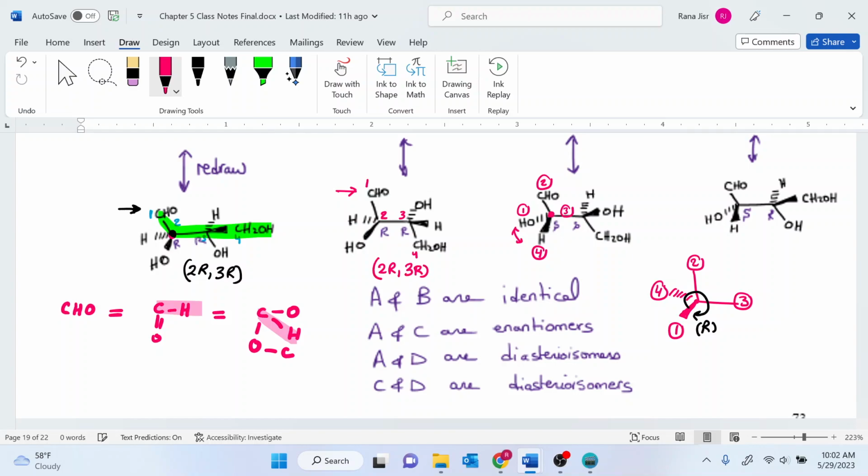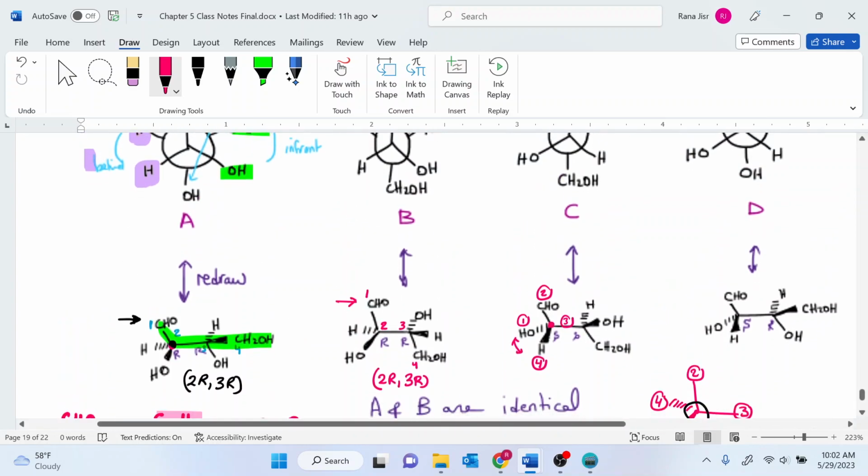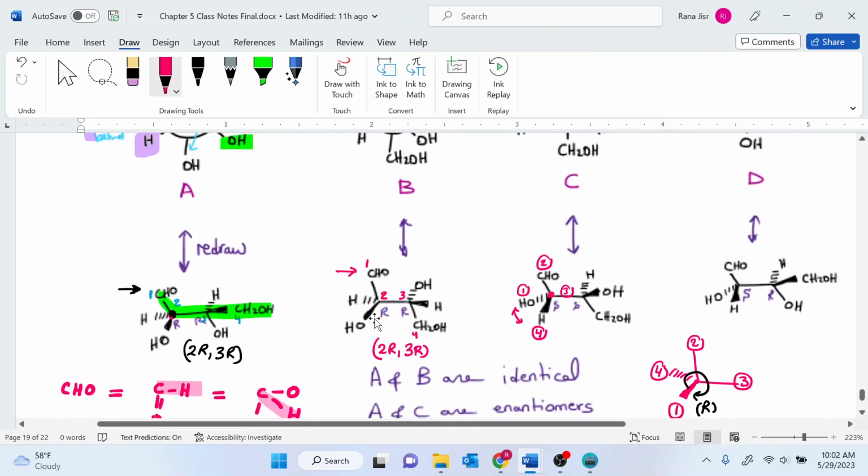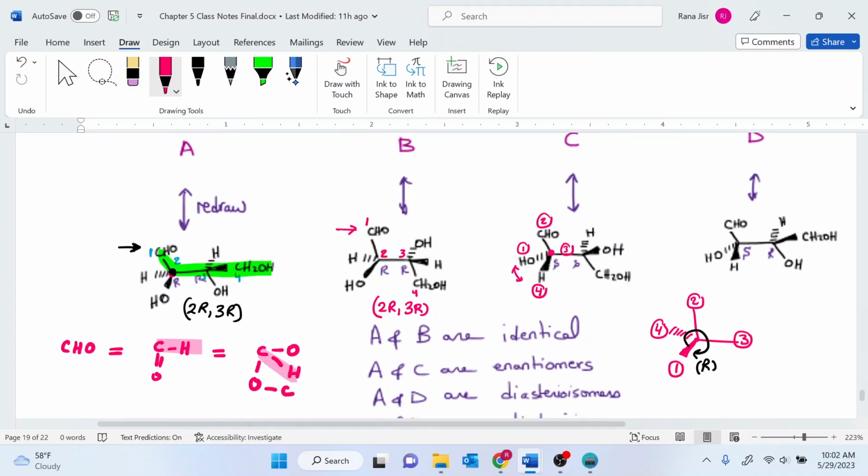So I can easily see that A and B are the same because they have the same chiral centers. And then for C, I have 2S and 3S. So I can see that A and C are a pair of enantiomers because their configuration is completely the opposite.